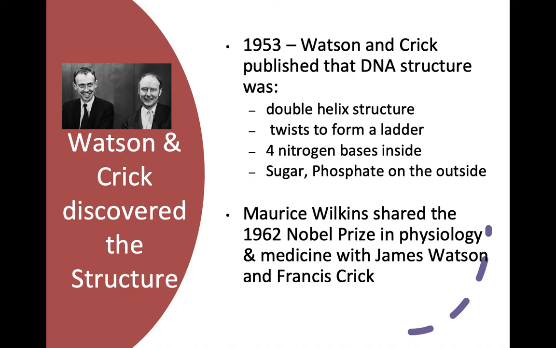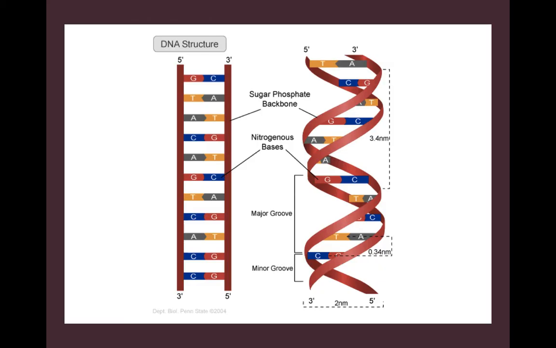So Watson and Crick were given credit for the discovery of the structure of DNA. Maurice Wilkins shared the 1962 Nobel Prize in Physiology and Medicine with James Watson and Francis Crick. And notice how Rosalind Franklin was not given the Nobel Prize because she had passed away at that time.